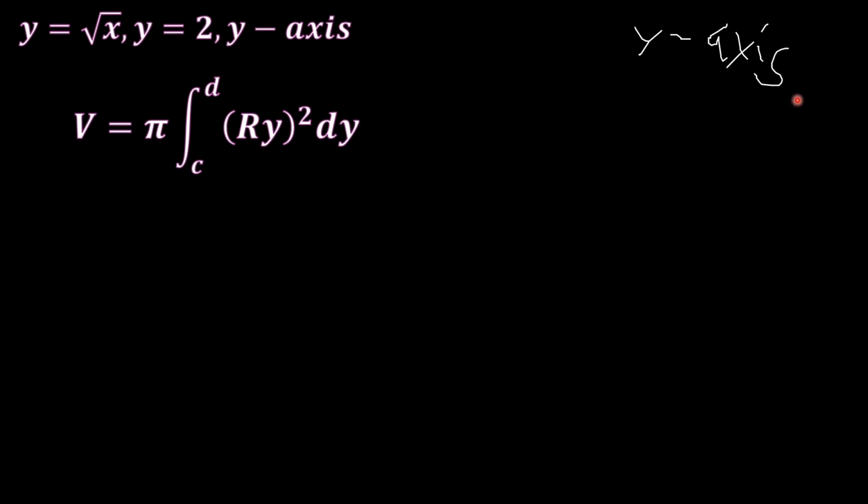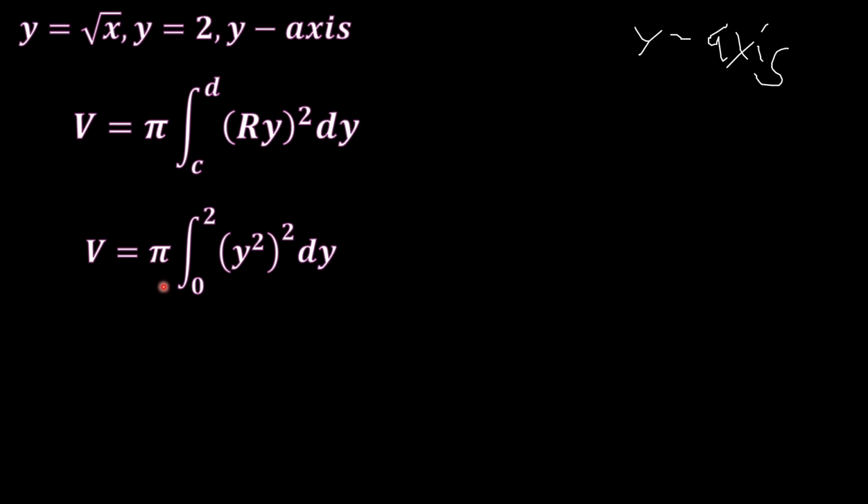And because of that, we will be solving the function in terms of y. That's why this is the formula we got: pi integral of r(y) squared dy. So we'll be solving in terms of y.